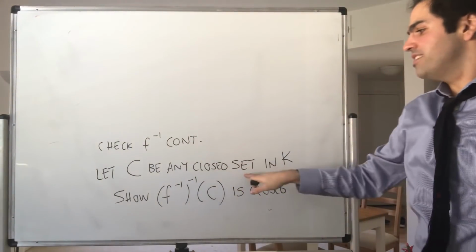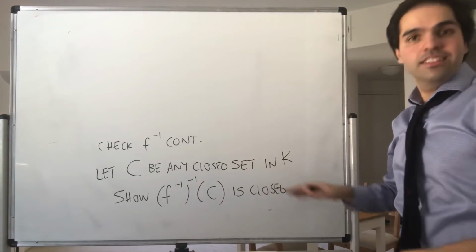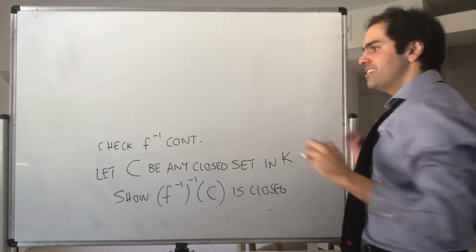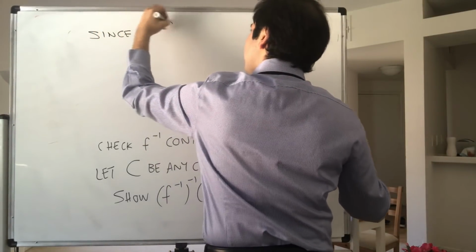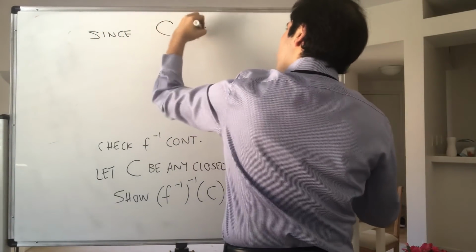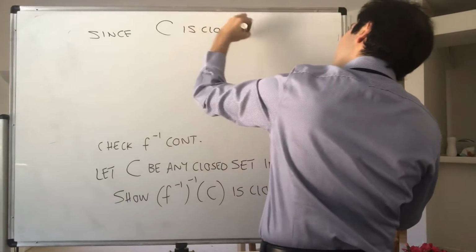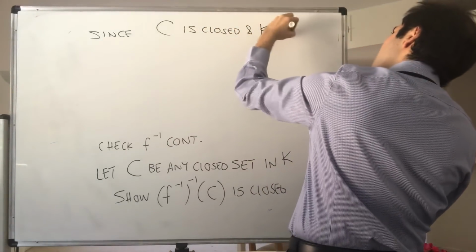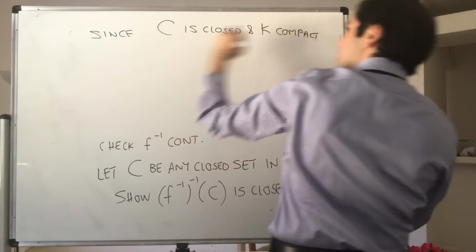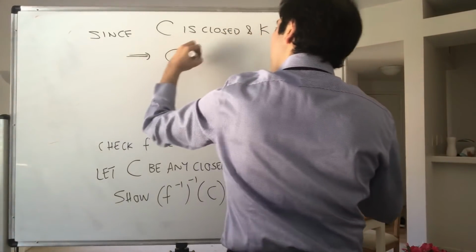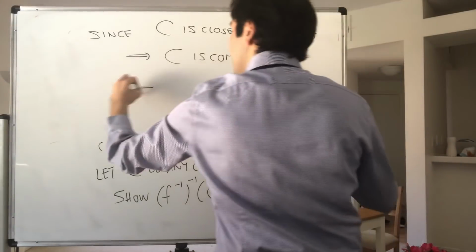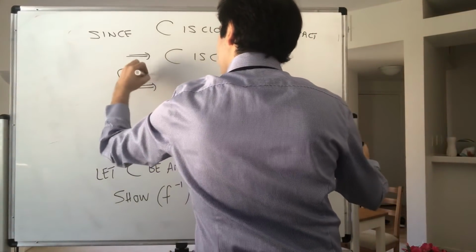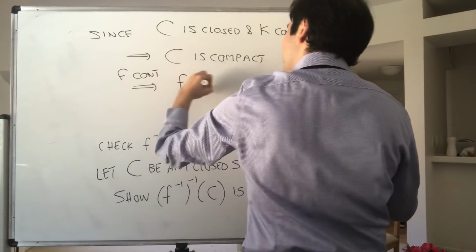Well, if C is a closed subset of K, since K is compact, C is compact. But since f is continuous, this implies f of C is compact.